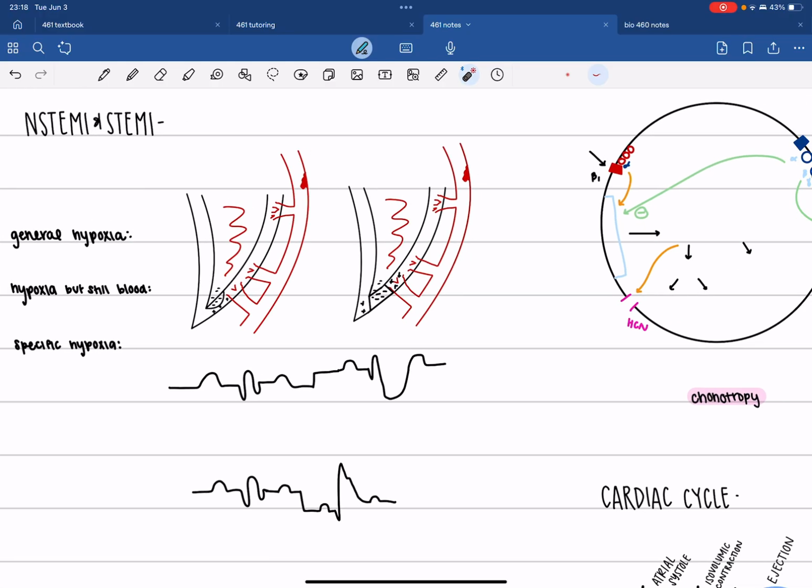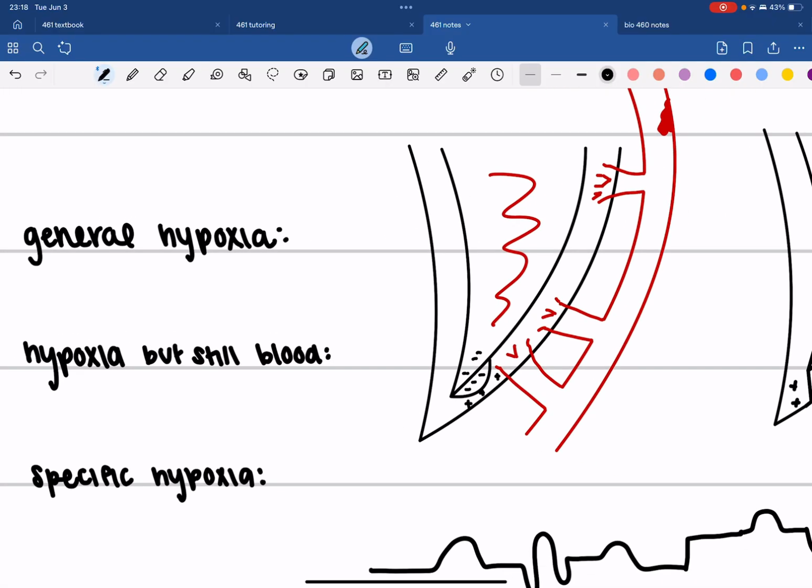And we have some different problems that can occur where right here, as you can see, I drew a little blood clot. If this causes the ventricle to have general hypoxia, what's going to happen is that we're going to see an upside down T wave.